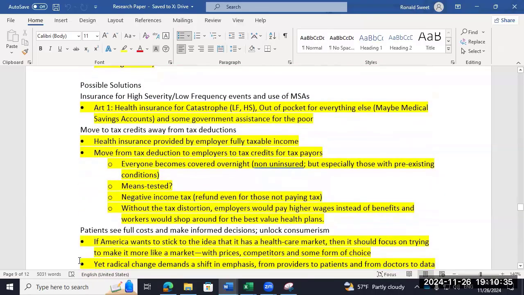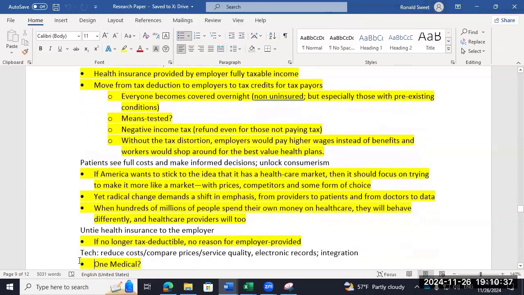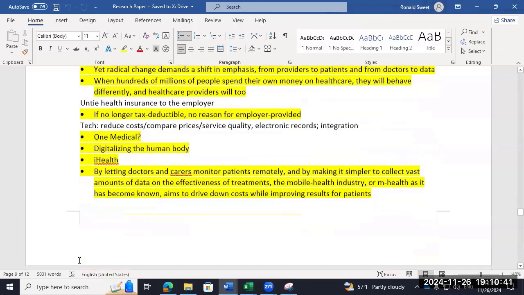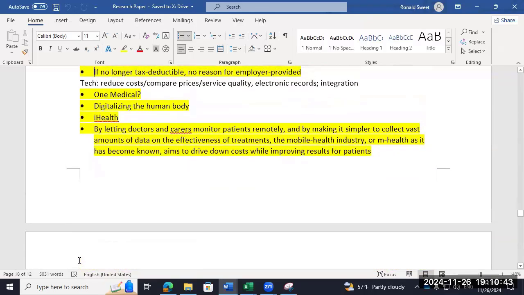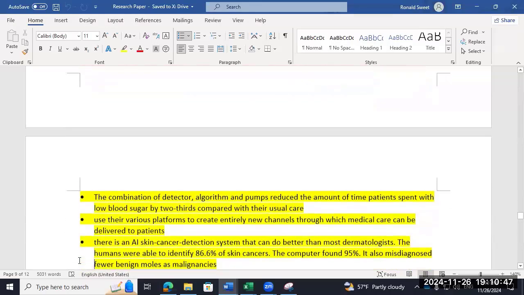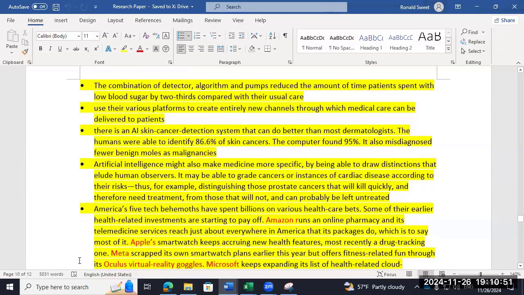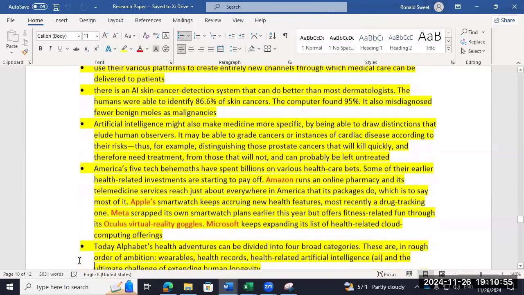Solutions, some abbreviations. Gave you some examples that you could do extra research on. Quite a bit under technology, including a lot of AI stuff and a lot of tech companies coming into this business.